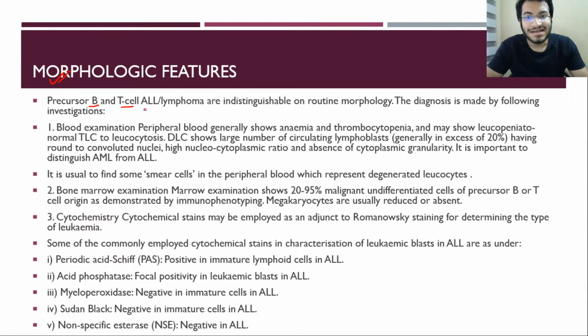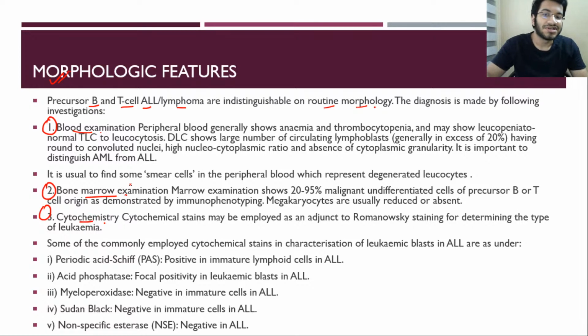Precursor B and T cell ALL or lymphoma are indistinguishable on routine morphology. The diagnosis is made by the following investigations. First is blood examination, then bone marrow examination, then cytochemical examination. Then there are some other characteristic features, which we will talk about later.